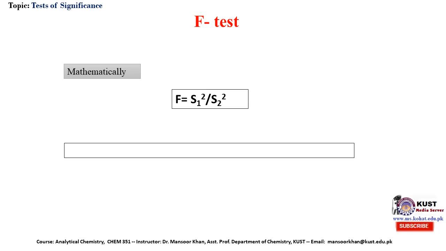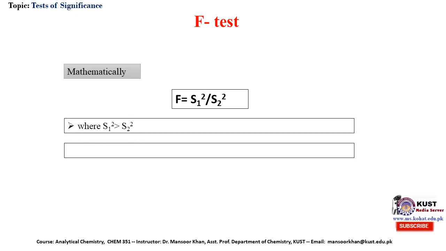S1 squared is the variance of your newly developed method, and S2 squared is the variance of the accepted or published method, where S1 is greater than S2. V1 and V2 are the degrees of freedom, defined as n-1 for each case. V1 is the degree of freedom of your newly developed method, and V2 is the degree of freedom of the accepted or published method.